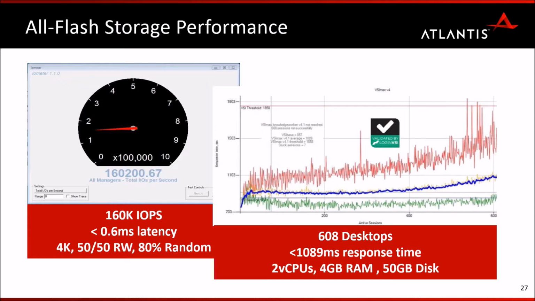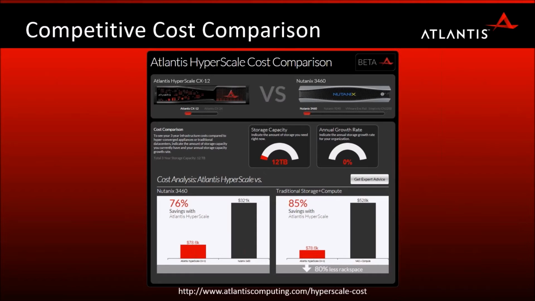In addition to that, we also have a very detailed cost comparison tool that can demonstrate an apples-to-apples comparison of the overall appliance cost when compared to the other hyperconverged vendors out there. This is a completely selectable tool where you can select who you want to compare with, and it gives you all the details around the hardware, software, and support aspects that were considered and counted in when we were doing this comparison.